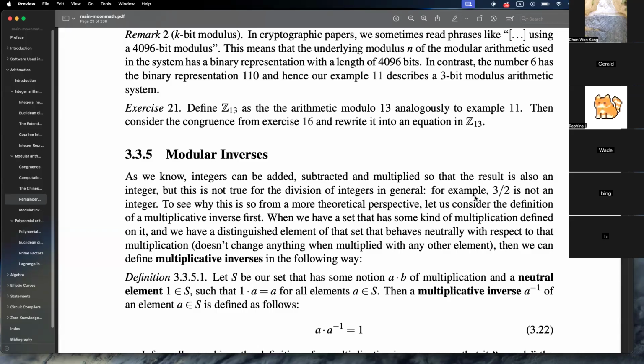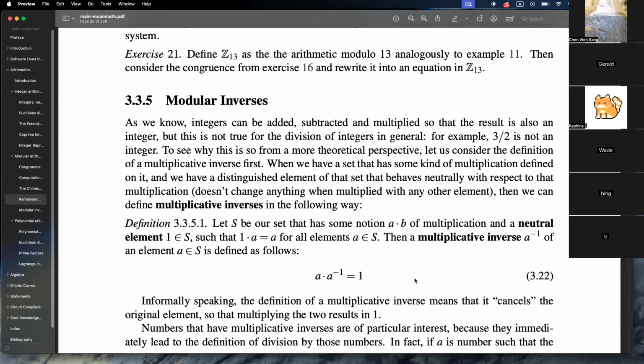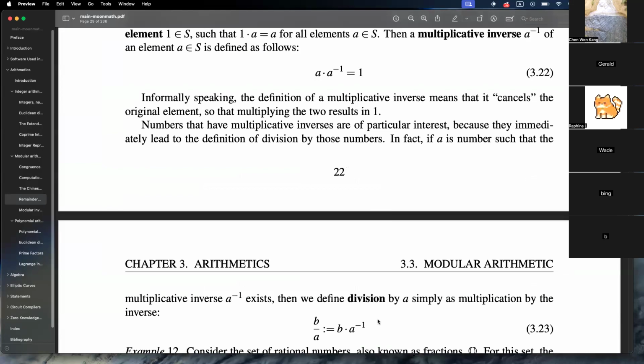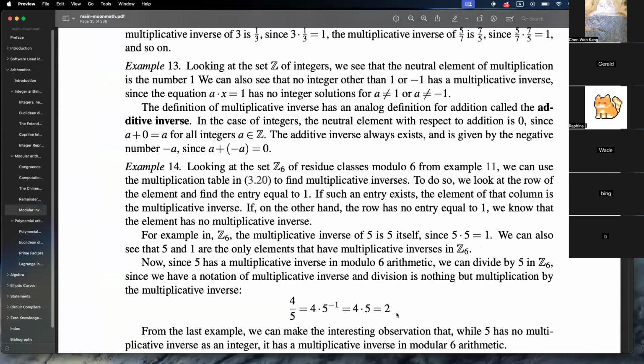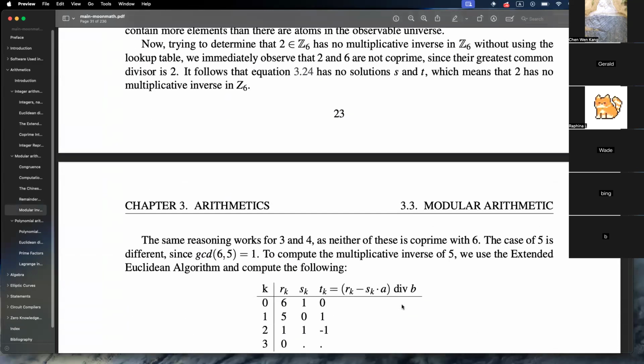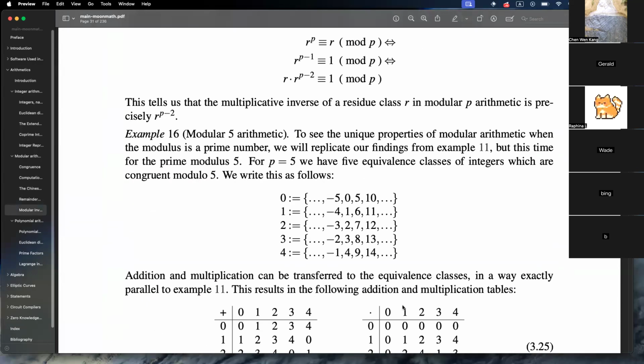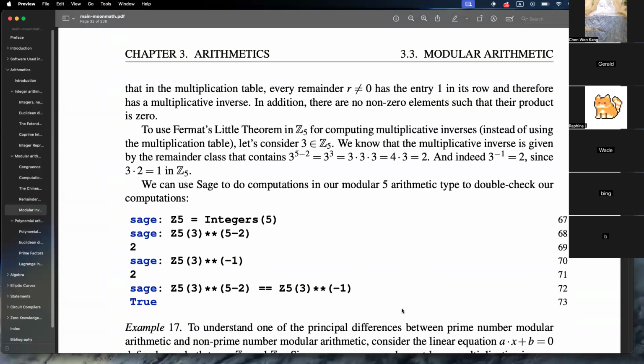Okay. Anyways, modular inverses. Again, any questions before we go to one of the examples? Any questions you've had after going through this section last week?